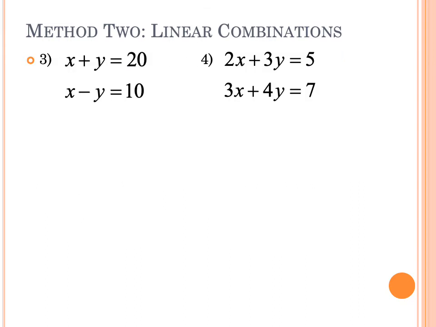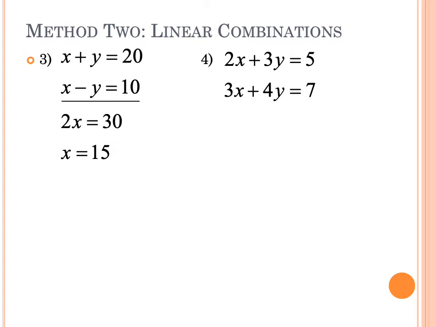So I've got x plus y equals 20 and x minus y equals 10. Now, when I add them, what I'm going to end up having is 2x. And while it doesn't show it in the way I have this work, we basically have plus 1y added to negative 1y, which would cancel out or give us 0y.